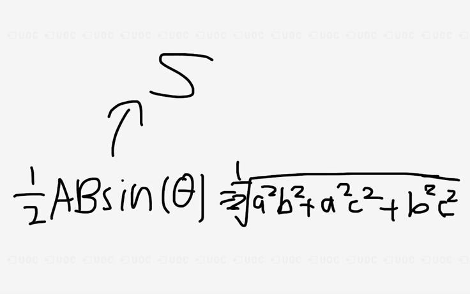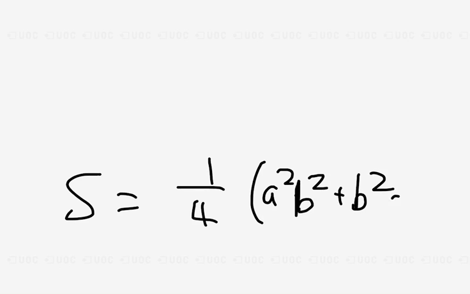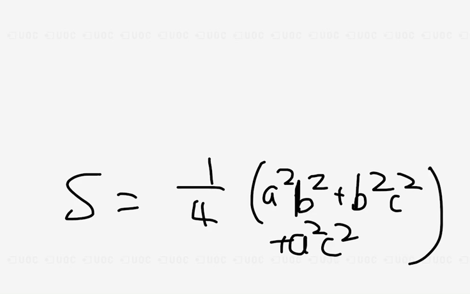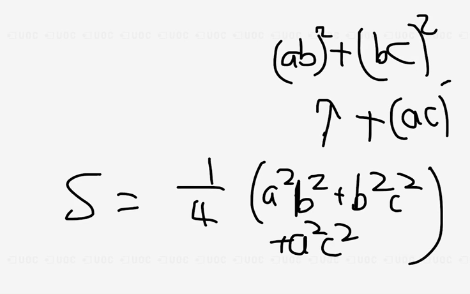So we can say S, and we can square both sides. S squared is equal to 1/4 of A squared B squared plus B squared C squared plus A squared C squared. And notice that this is equal to AB squared plus BC squared plus AC squared, and a quarter is just a half squared.